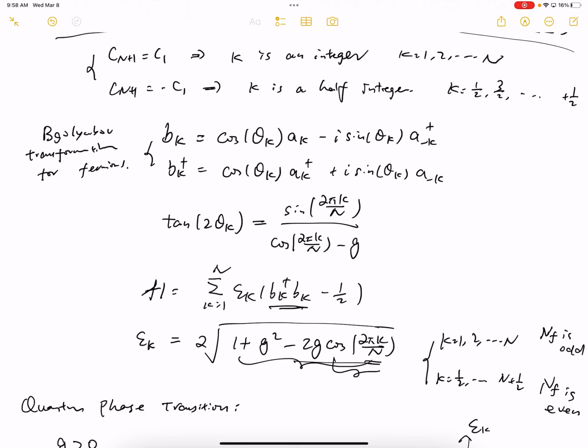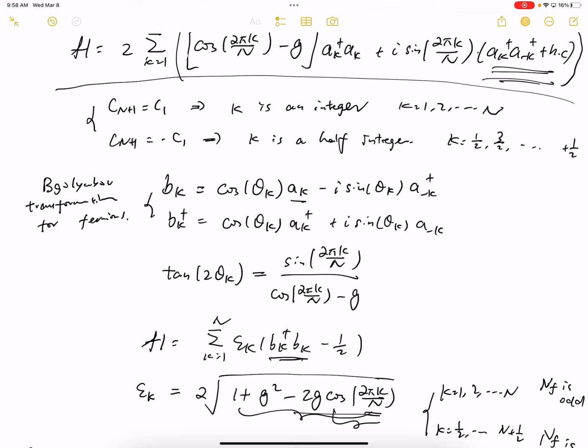And as we said before, the vacuum of the Bogoliubov fermion does not actually mean the vacuum for the real fermion, because the Bogoliubov fermion is a combination of the creation and annihilation operator. So it's a combination of a real fermion and a real hole. And in this case, the real fermion does have a meaning. The real Jordan-Wigner fermion basically tells you whether the spin is flipped, right? If the spin is pointing down, then there's no fermion.